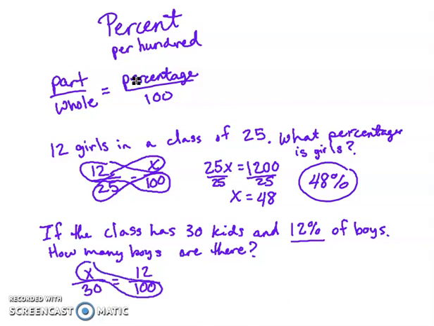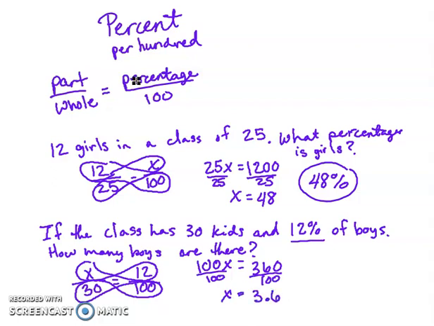I'm going to get 100x. When I multiply this way, I'm going to get 360. All right, and then I am going to divide. So when I divide, I'm going to get 3.6.